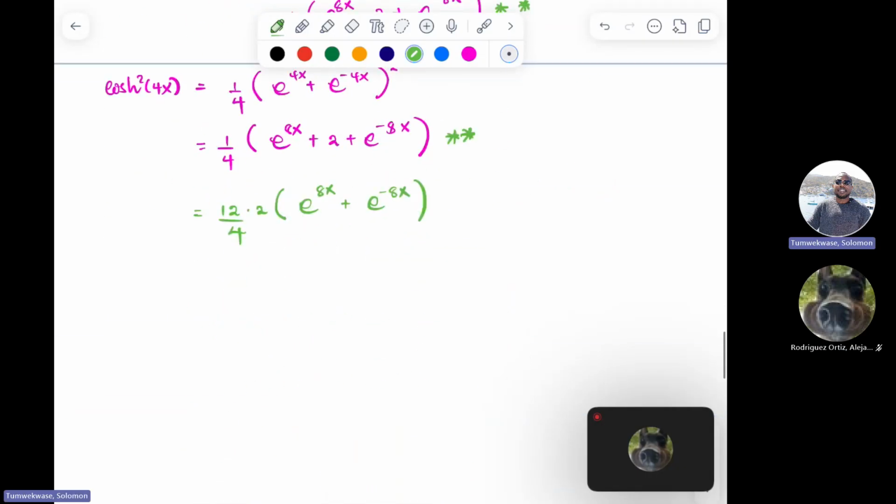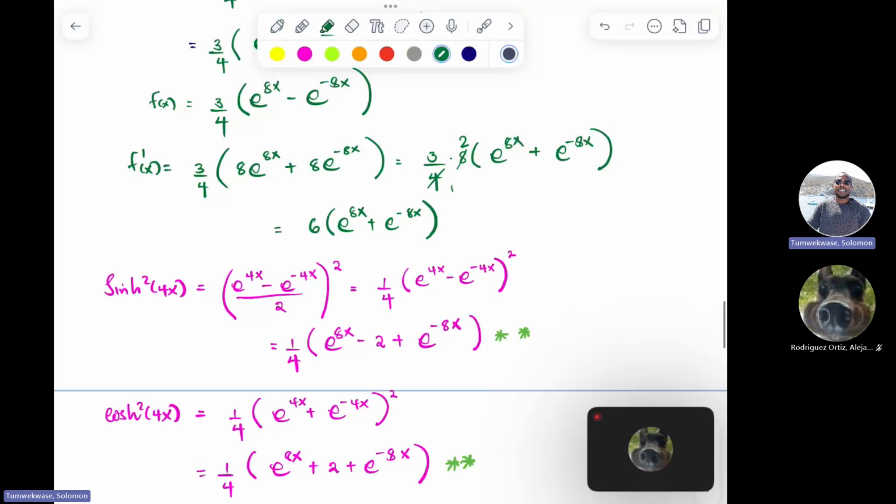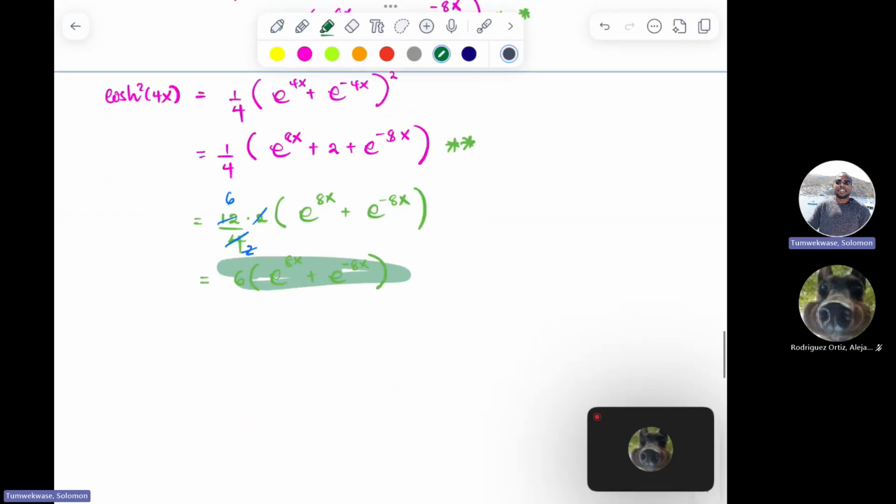I hope we did not make a mistake somewhere. So by this, that is 2, by this, by that, that is 6. And finally, we have 6 into e to the 8x plus e to the negative 8x. And you can see that we end up with exactly the same answer.